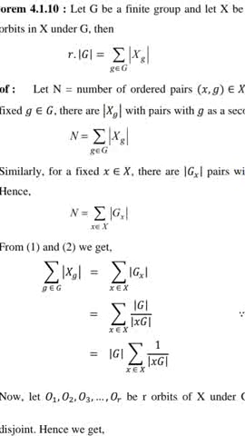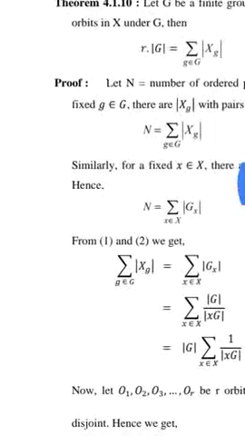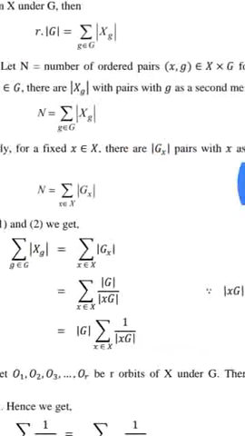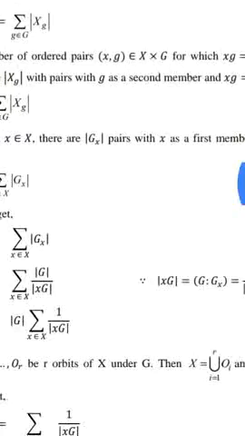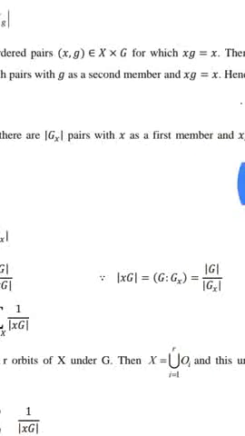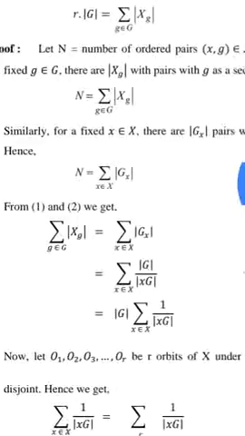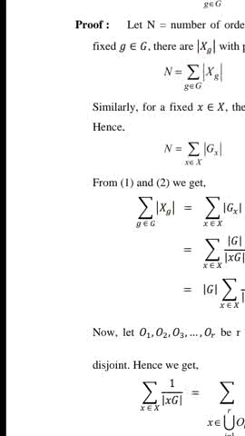Hence n is equal to the summation of |X_g|, g belonging to G. Similarly, for a fixed x belonging to X, there are |G_x| pairs with x as the second member and gx equal to x. Hence n is equal to the summation of |G_x| for x belonging to X.